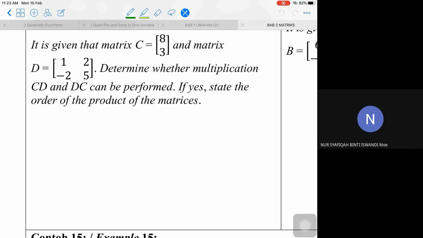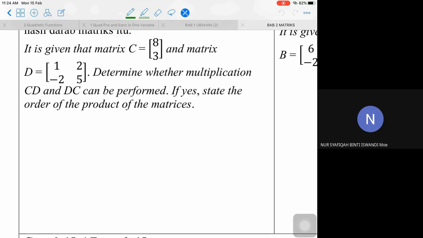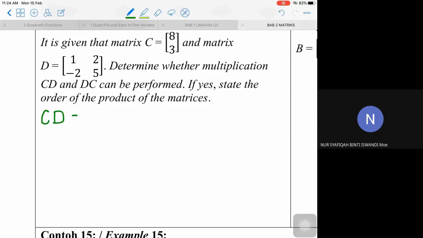Okay, first of all, we look at CD. C multiplied by D. So the C is 8, 3 multiplied by the D 1, 2, negative 2, 5. First of all, we look at the order.